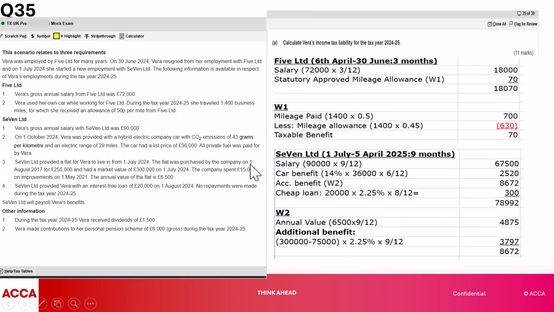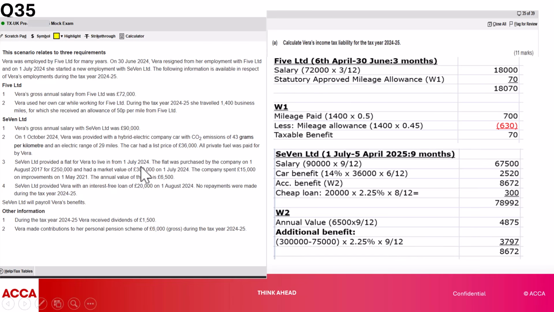Now, the flat was purchased by the company, so the company owns this flat. But notice they bought it in 2017, yet Vera enjoys it from July 2024. So you see, this is more than 6 years. And why is this important? Why do we even do this? If your employer provides you accommodation, and the accommodation they're providing to you was bought for more than 75,000 pounds, then that gives rise to an additional benefit.